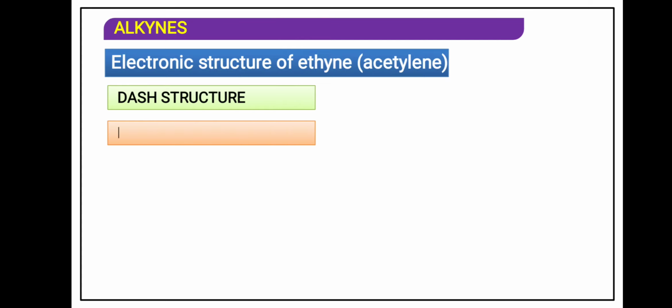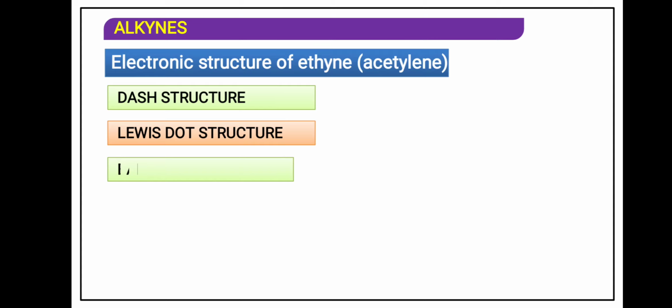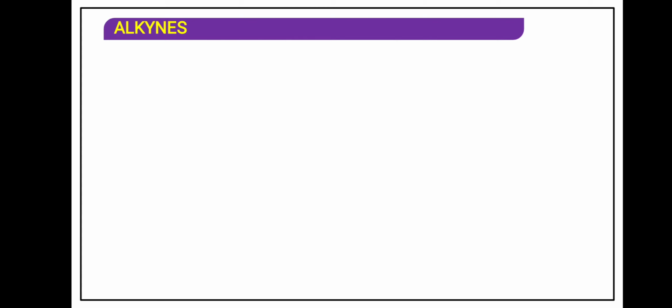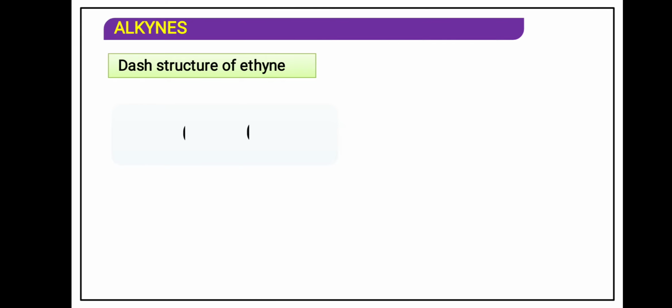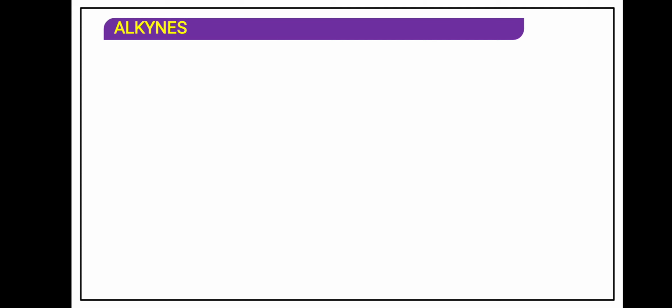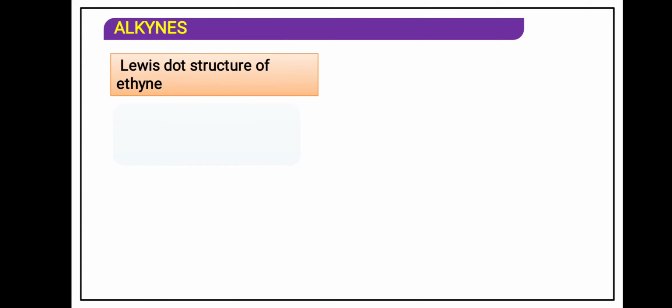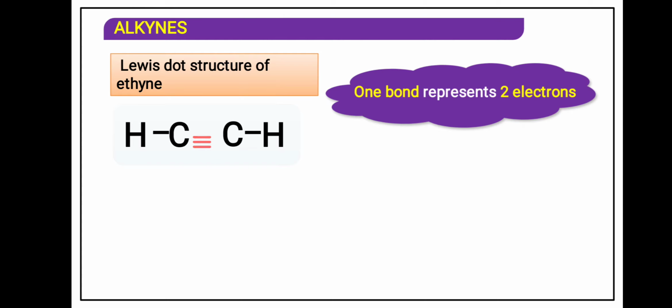Electronic structure of acetylene: dash structure, Lewis dot structure, and the ball and stick model we will see. This is the dash structure, where we are drawing the dash bonds. In place of dash, we will write electrons. One bond represents 2 electrons, I have told you previously.